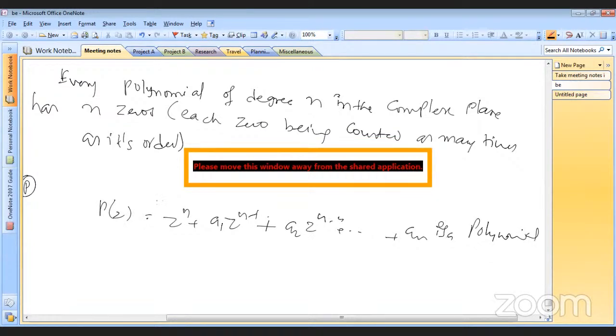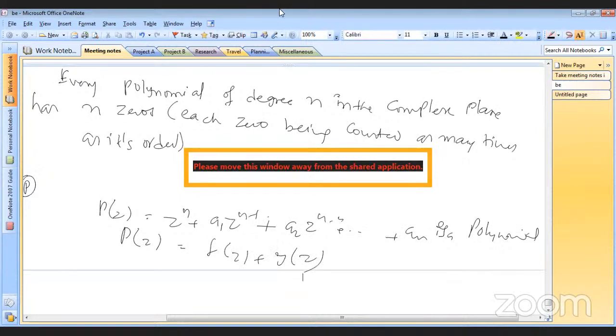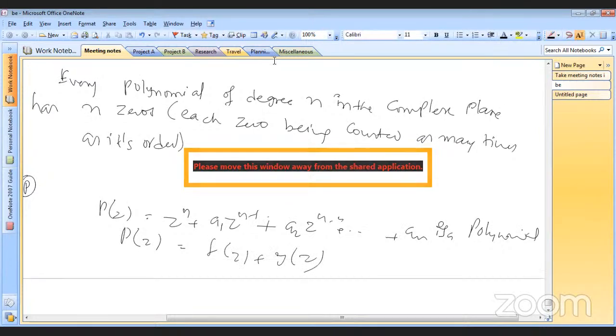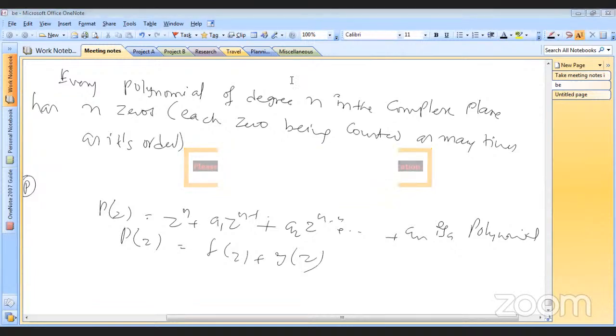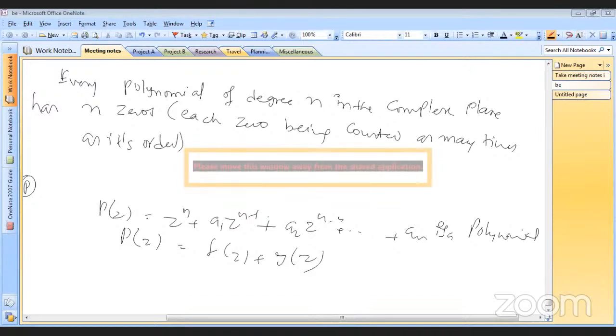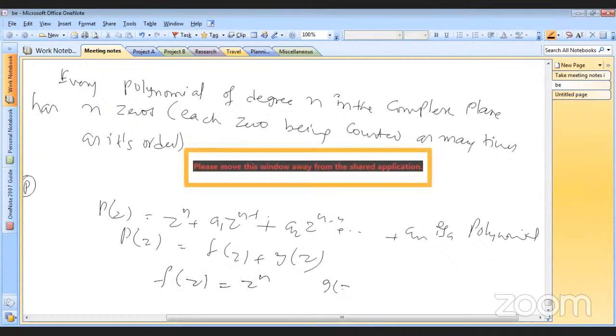We write P(z) = f(z) + g(z), where f(z) is z^n and g(z) is a1 z^(n-1) and so on, plus an.